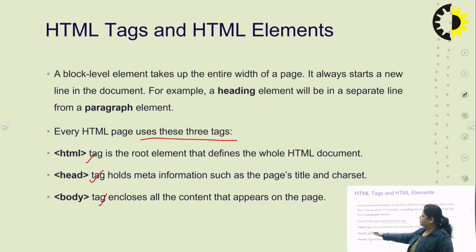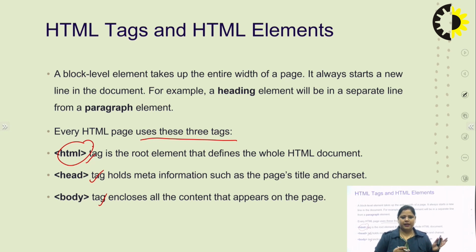So what is the use of the HTML tag? That is a root element that defines the whole HTML document. So this is called the parent tag of any HTML coding. Now head, what is the basic use of the head tag? The head tag holds meta information such as the page's title and charset.